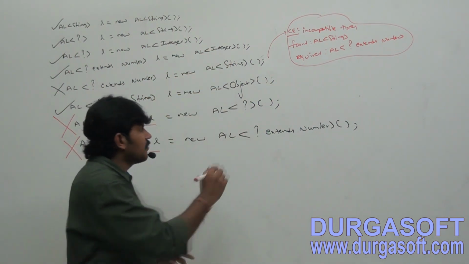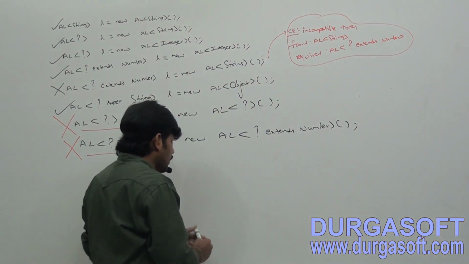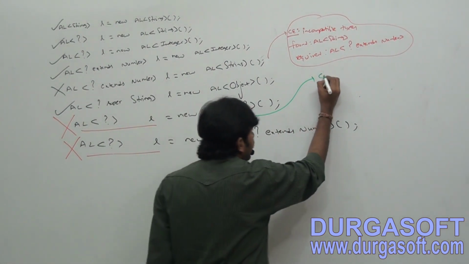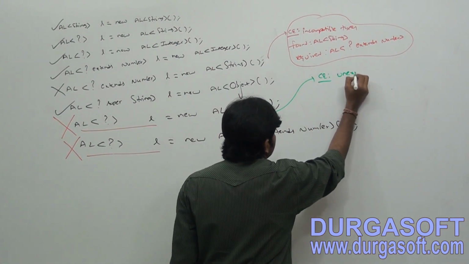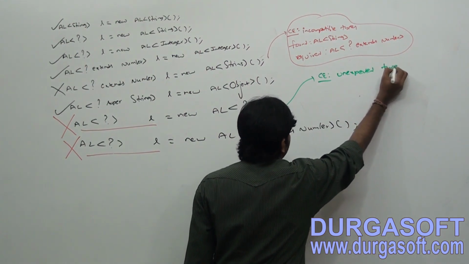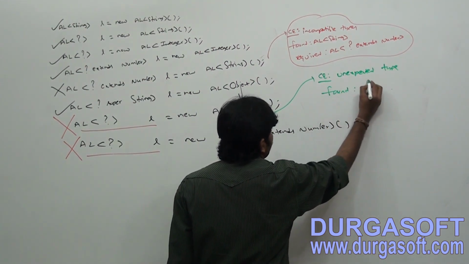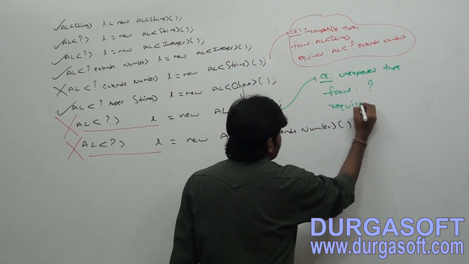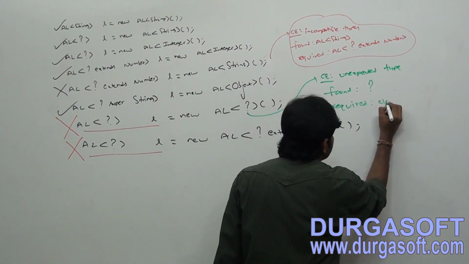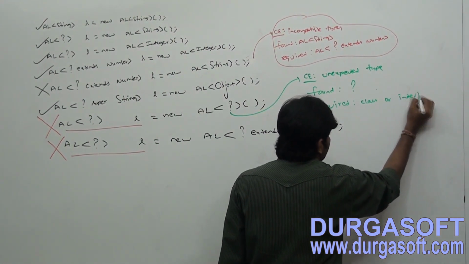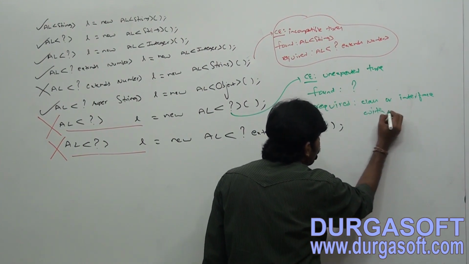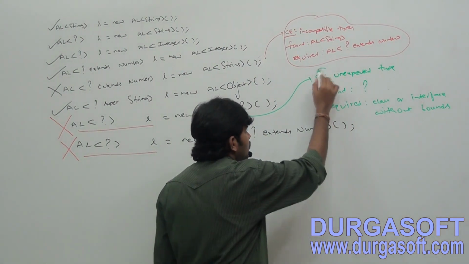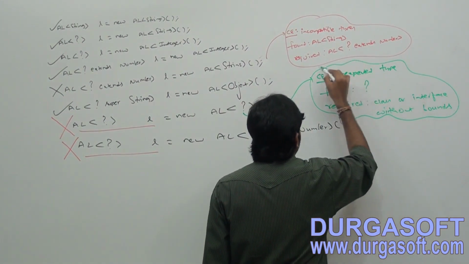So question mark there is invalid. The exact compile time error we are going to get is: unexpected type, found: ?, required: class or interface without bounds.